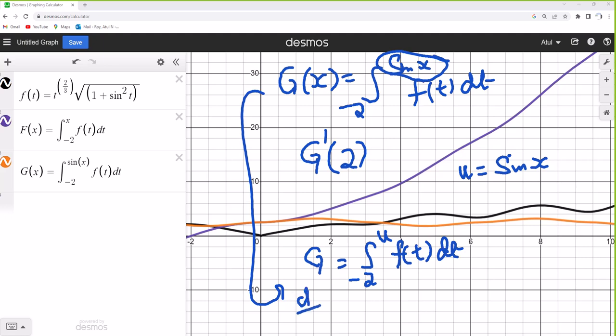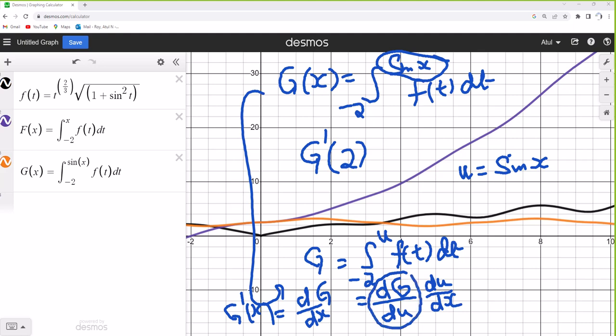So dg/dx, which is actually g prime of x, is going to be dg/du, just using the chain rule, and then du/dx. And who will dg/du be?